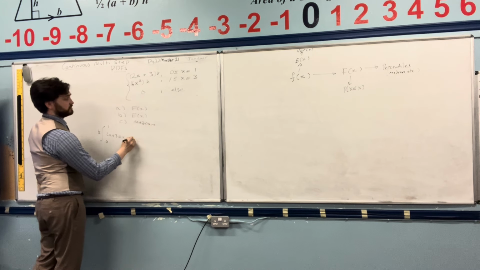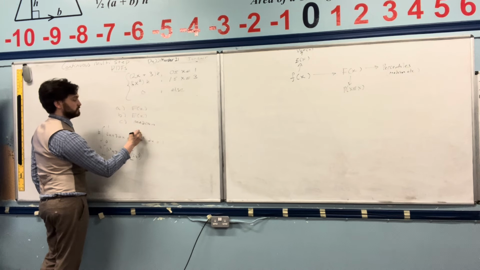So we get k times x squared plus 3x evaluated between 1 and 0, plus 2x cubed evaluated between 3 and 1.